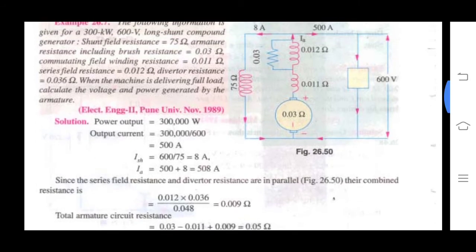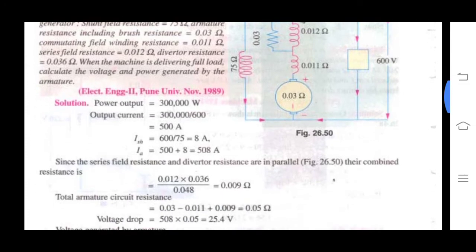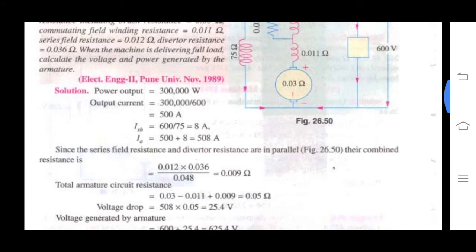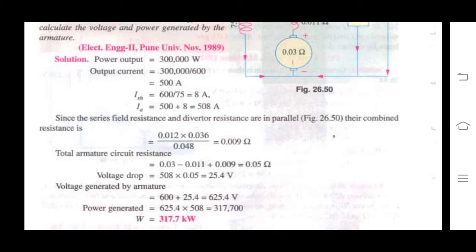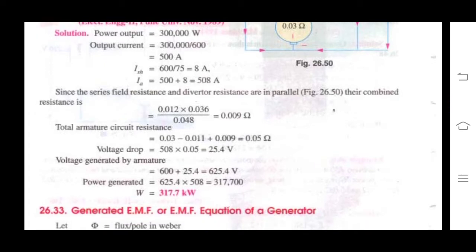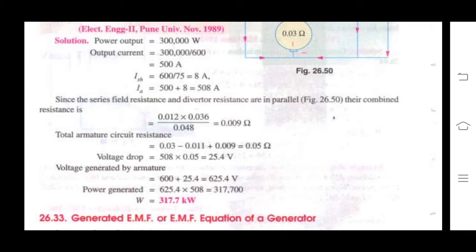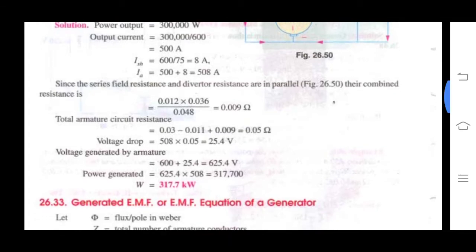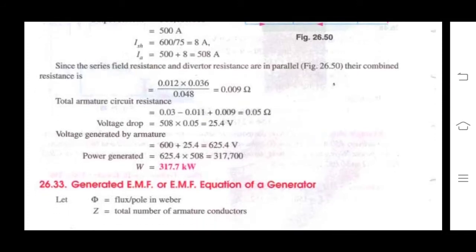So the diverter resistance is 0.36 ohm. When the machine is delivering full load, calculate the voltage and power generated by the armature. Power output equals 3 lakh watts. Output current equals 300 kW by 600, that equals 500 amps. ISH equals 600 by 75.